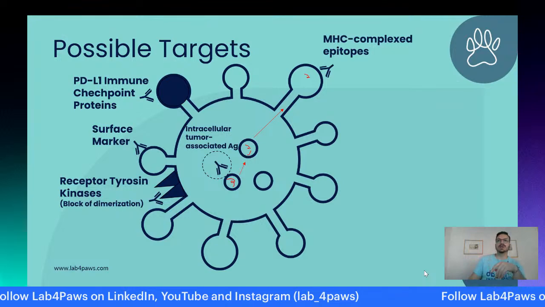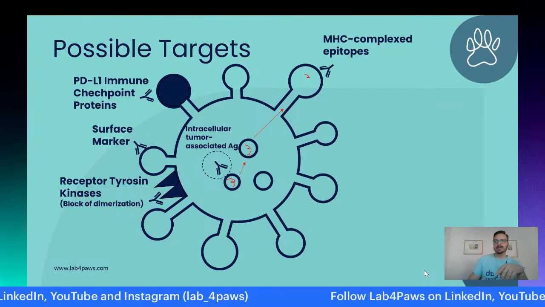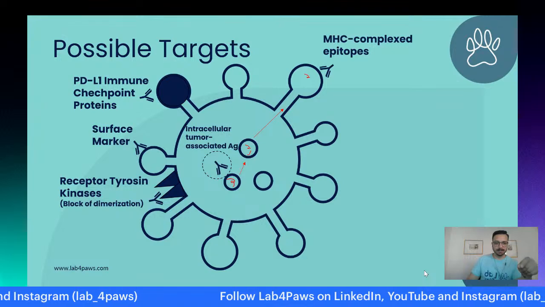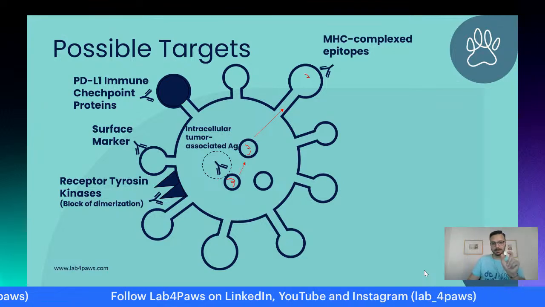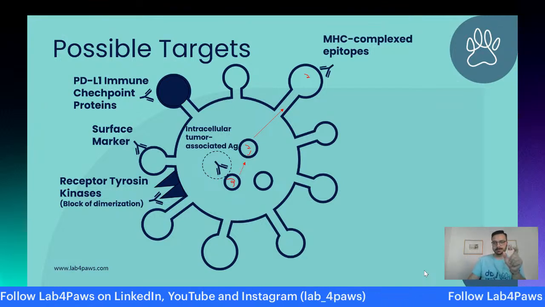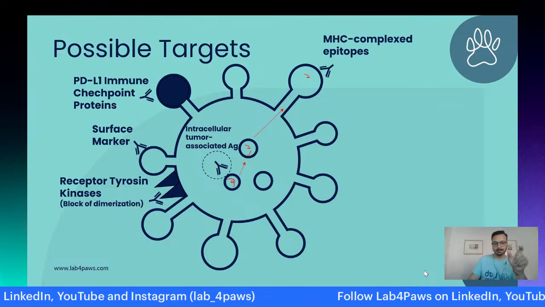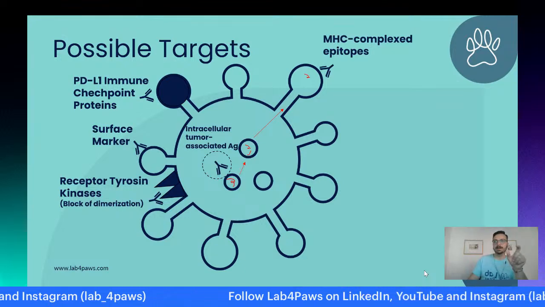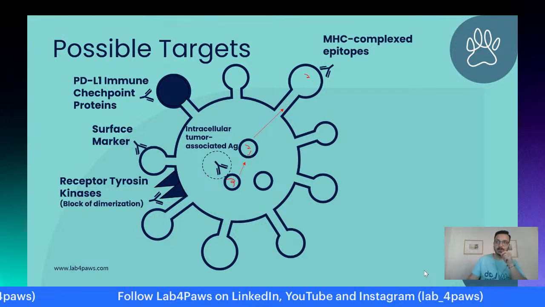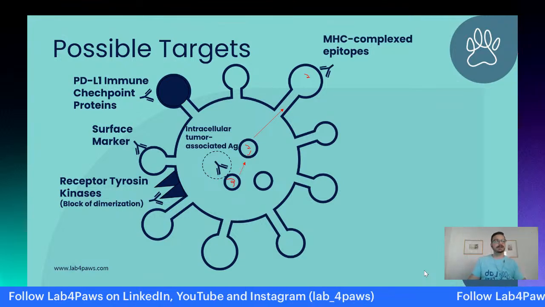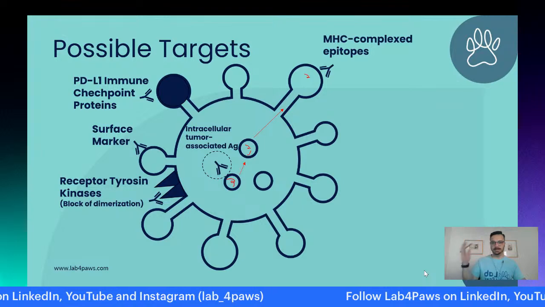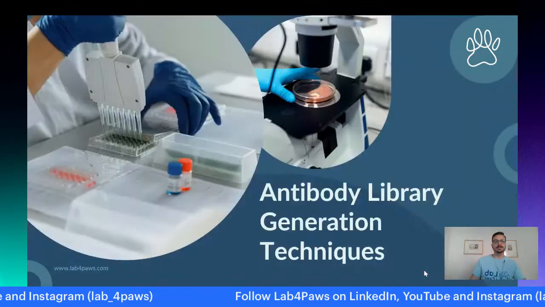So this is also one of the new approaches where what I'm targeting is not the protein directly, but the complex between the piece of the protein, the specific epitope of that particular antigen, loaded on the MHC. And this is opening a whole new world of possibilities.